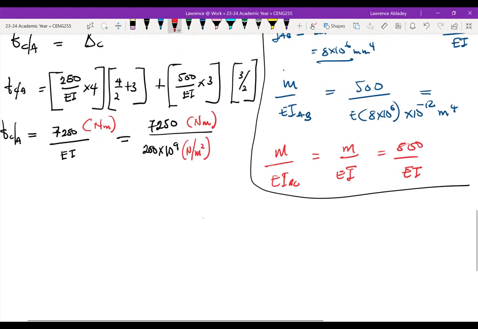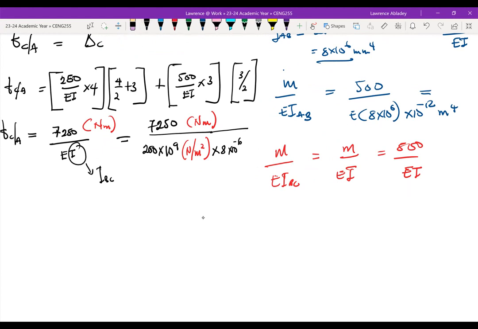Okay. Then the I, since here this I is supposed to be the IBC, and that is the 8. If you convert, it becomes 8 times 10 exponent minus 6.